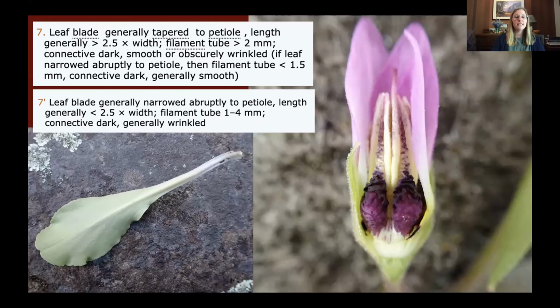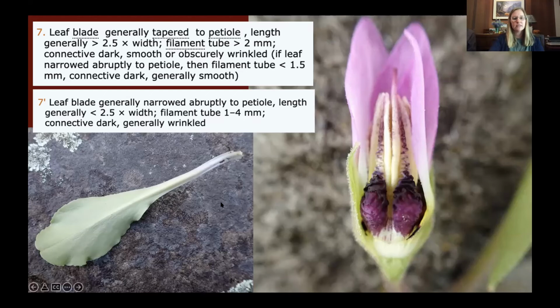Leaf blade generally tapered to petiole, length generally greater than 2.5 times width, filament tube greater than 2 millimeters, connective dark, smooth, or obscurely wrinkled. If leaf narrowed abruptly to petiole, then filament tube less than 1.5 millimeters, connective dark, generally smooth, or leaf blade generally narrowed abruptly to petiole, length generally less than 2.5 times width, filament tube 1 to 4 millimeters, connective dark, generally wrinkled.